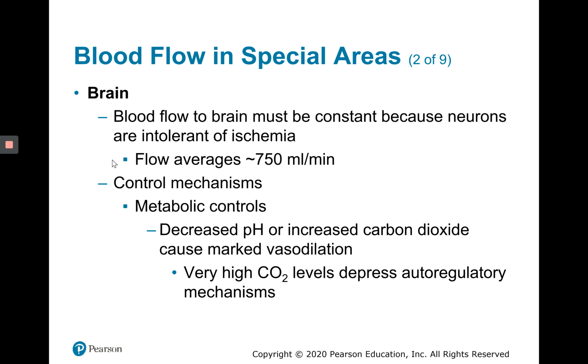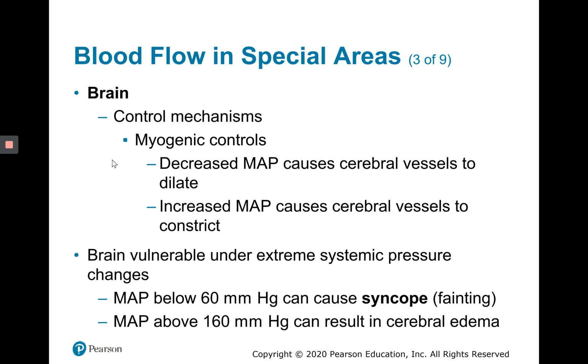So the flow to the brain actually averages about 750 milliliters per minute, and the control mechanisms are mainly metabolic, wherein decreased pH or excess hydrogen ion production and other metabolites such as increased carbon dioxide production can cause vasodilation. Very high CO2 levels would actually depress the autoregulatory mechanism, and that can have a very negative effect on blood flow to the brain.